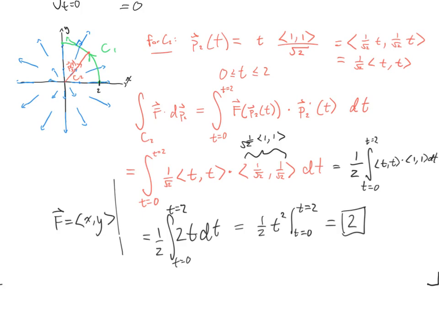So what we can observe from this example is when we're on a path that's flowing with the field, so when I'm moving along this red path in the direction of the field, I'm getting this positive output telling me how much my field is flowing along this path. Meanwhile, in C1, I was moving entirely perpendicular to the way the field was pointing out, and that's why I got 0, because the field didn't flow along the green curve at all.